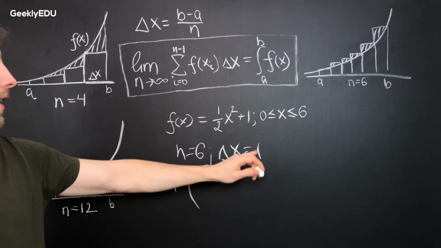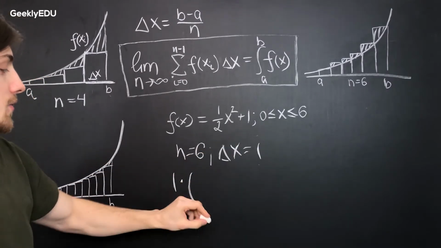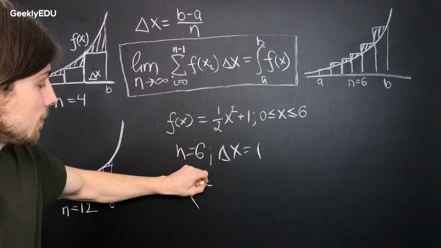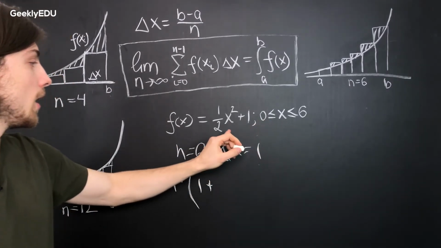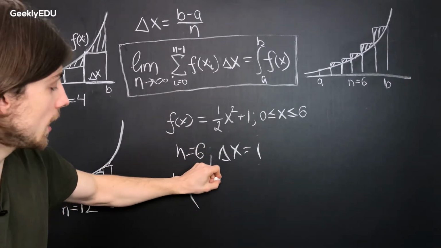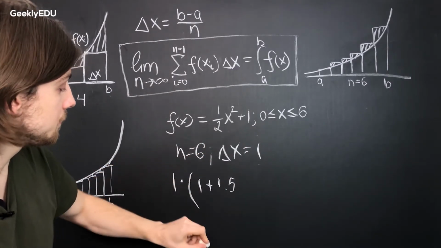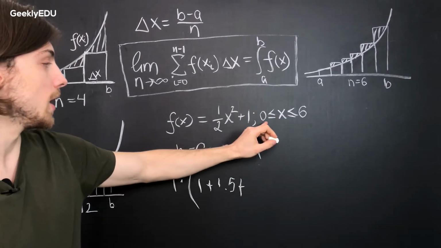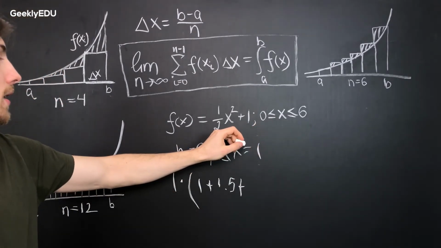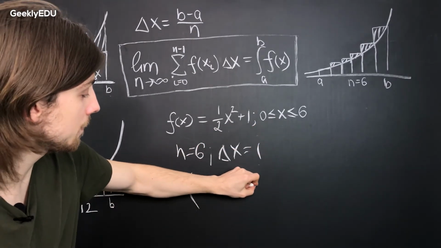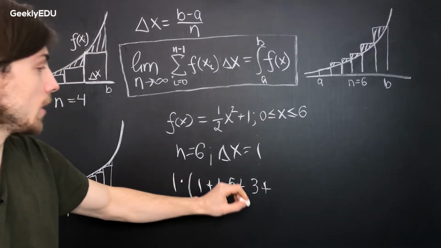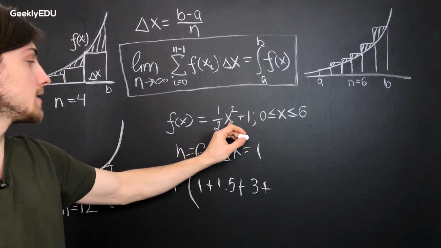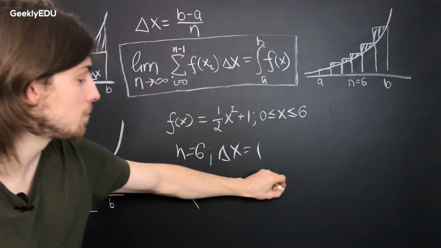So we start at 0, and in the case of 0, we have 1 plus, then we have 1, and we have 1 and 1/2. And we have 2, so for 2 it's 3. And we have 3, and it's 5.5.